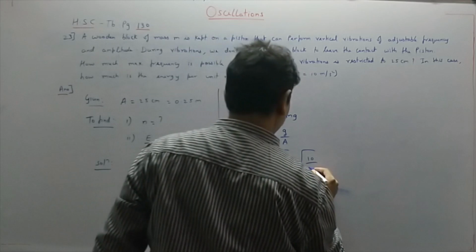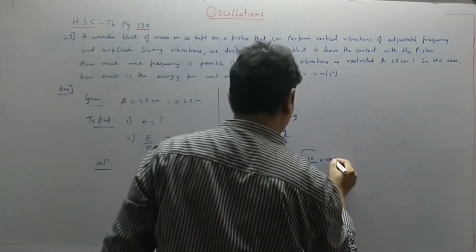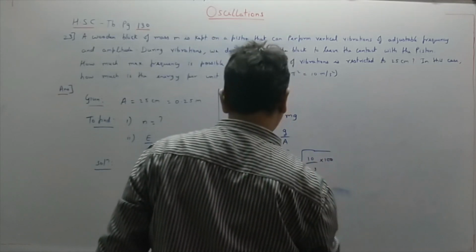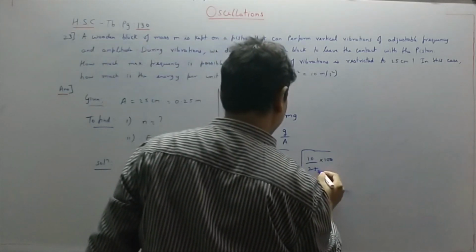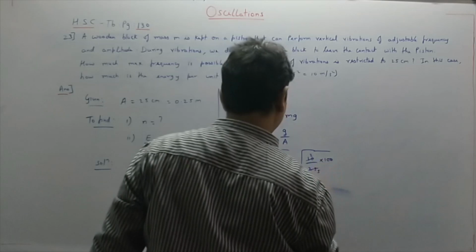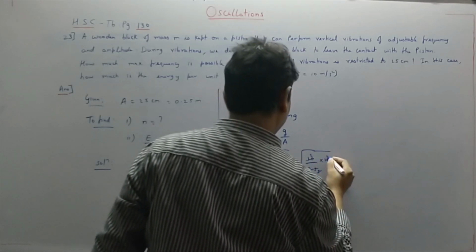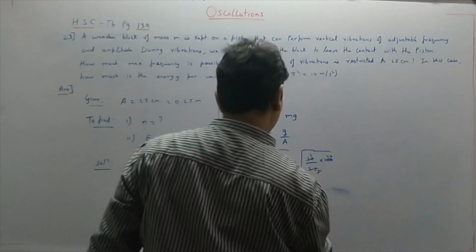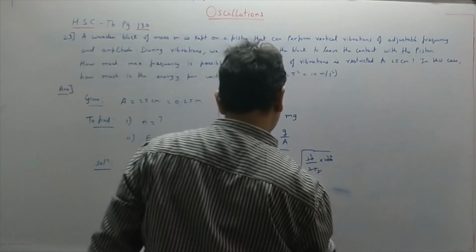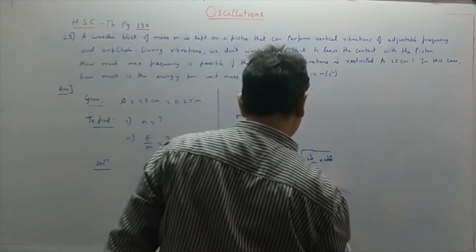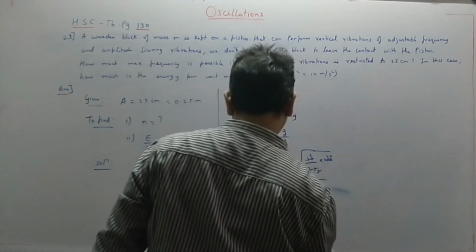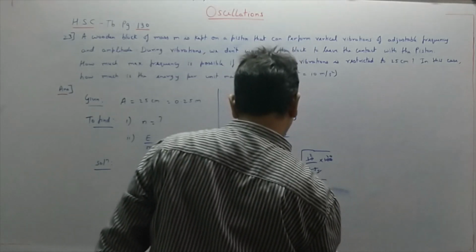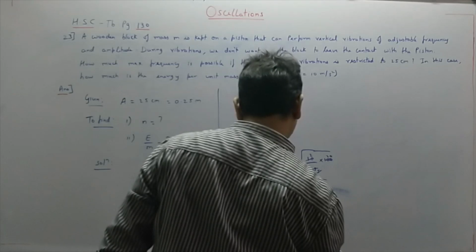So 25 upon 100, that becomes under root of 40, which is 2 root 10 radian per second.